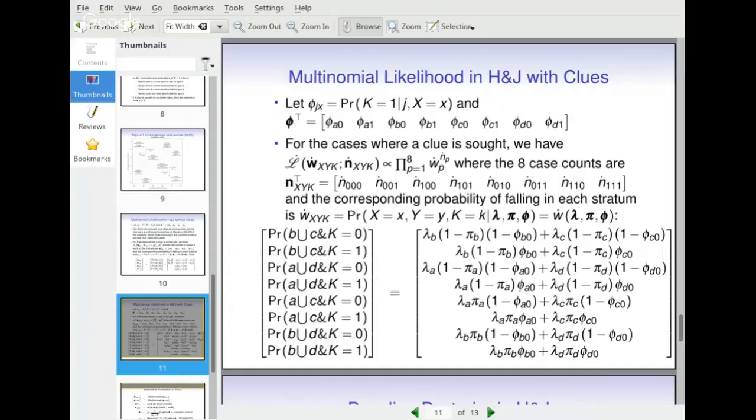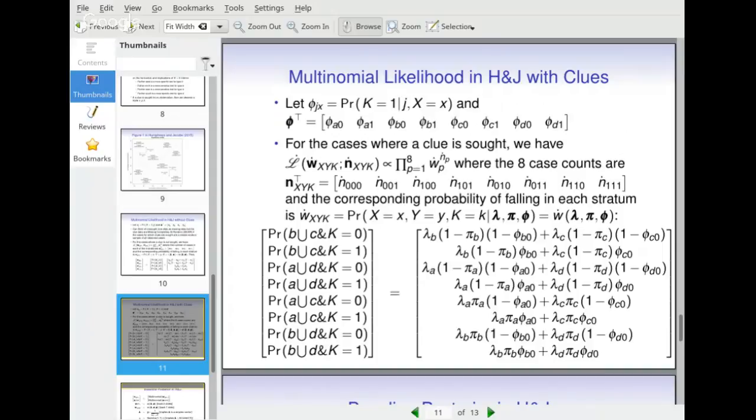So for these observations, we've got these phis. Again, they're indexed by j and x, and we can collect them into a vector for organizational purposes if we want. We have phi A0. So that's going to be the probability that k equals 1, given that the country is type A, and we observed X equals 0.